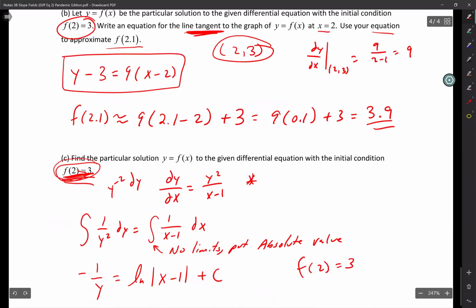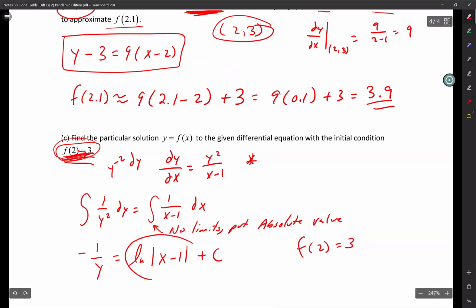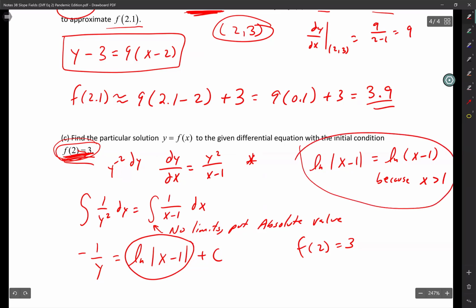What I'm trying to say is this: ln of the absolute value of x minus 1 is the same thing as ln of x minus 1 with parentheses because x is greater than 1. Put that somewhere. Does that make sense to everyone? I would put that statement right here.